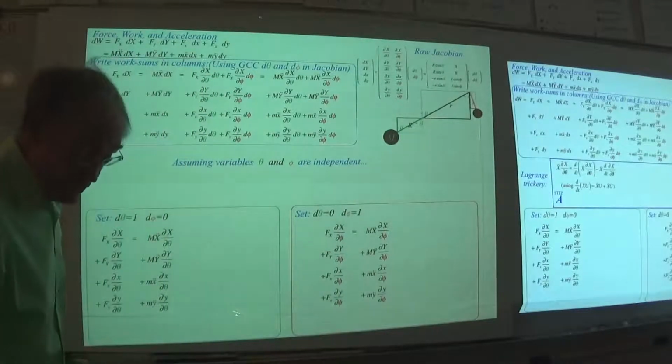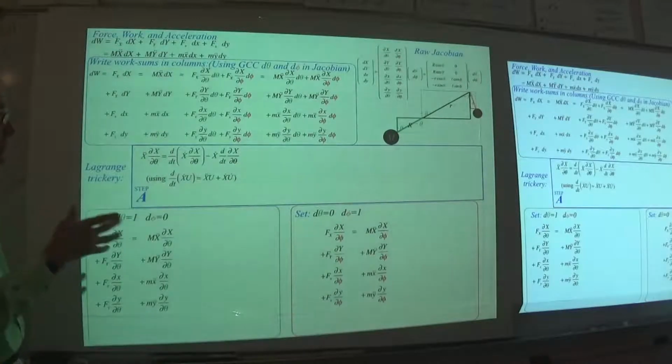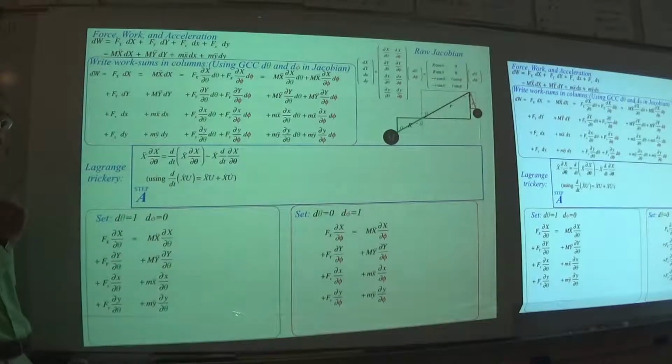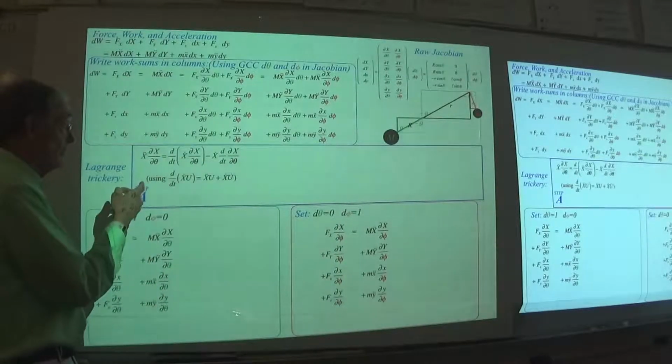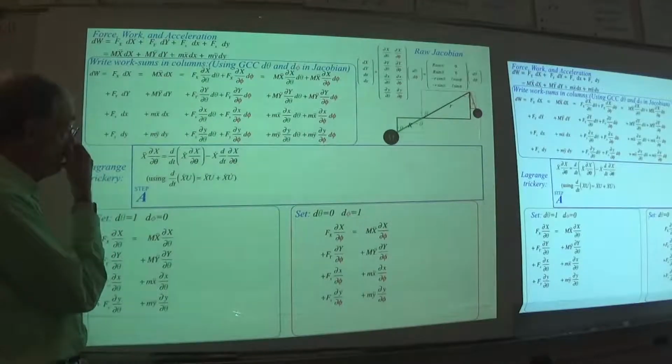So this is just reviewing. Remember, we did this with polar coordinates, but now we've got two polar coordinates. This is Lagrange trickery. This is where the tricks that Lagrange did to make Lagrange's equations, and we're going to have two of them for two angular variables here.